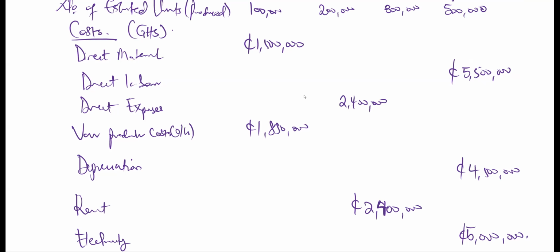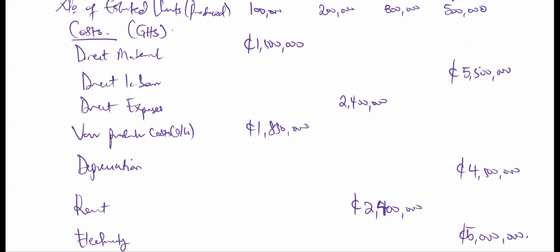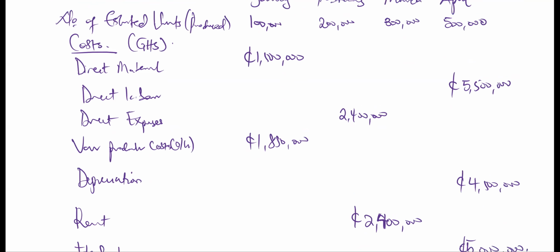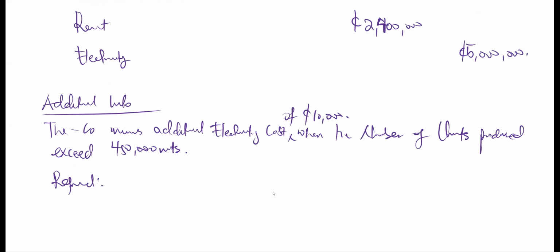Are you done now? Nobody is saying anything. Please, the additional information: the company incurs additional electricity cost of 10,000 cedis when the number of units produced exceeds 450,000 units.